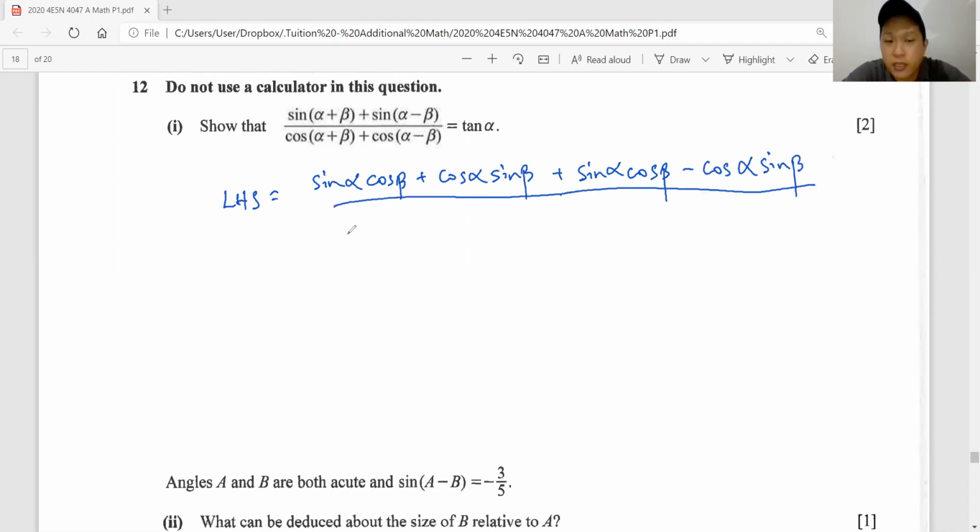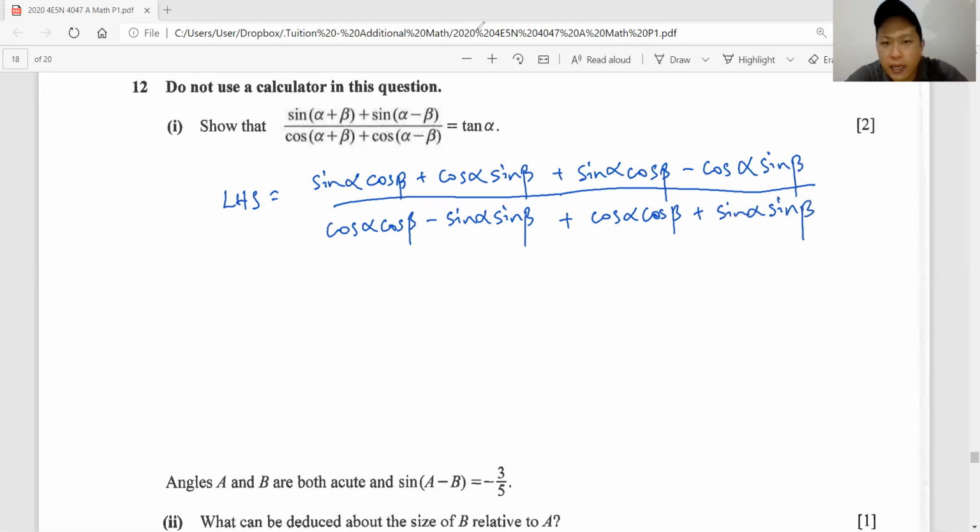The denominator is also an addition formula. If you don't remember it, don't worry, it's provided in the exam formula list. So cosine alpha cosine beta minus sine alpha sine beta, plus cosine alpha cosine beta plus sine alpha sine beta.